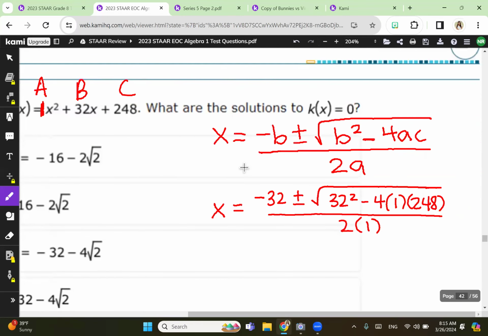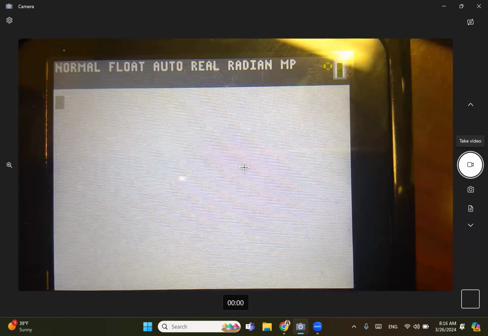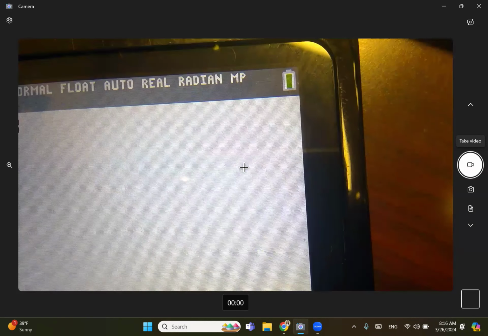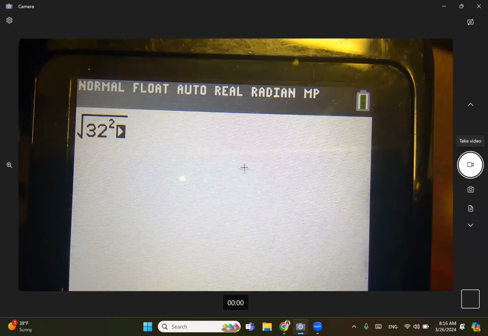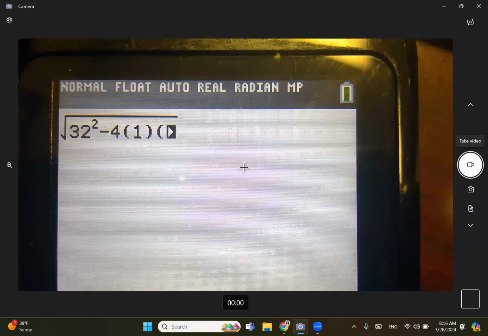So this is probably gonna give you a decimal when you type it in under the square root. Go ahead and type it in though. You're gonna type in square root, 32 squared minus 4 times 1 times 248.